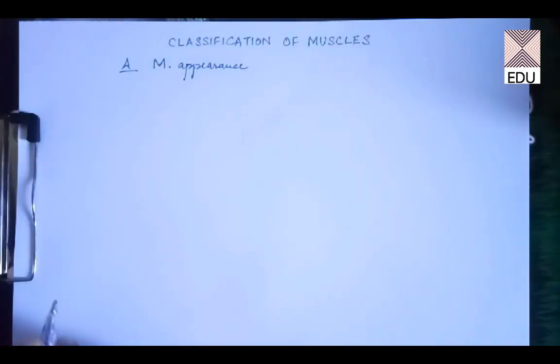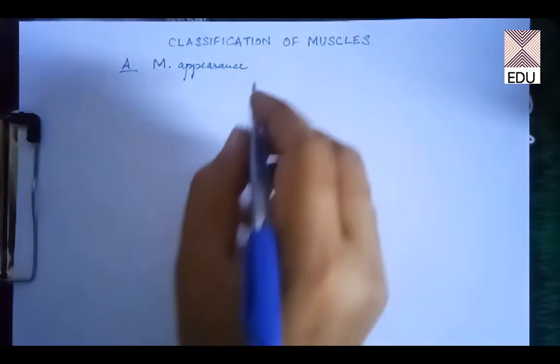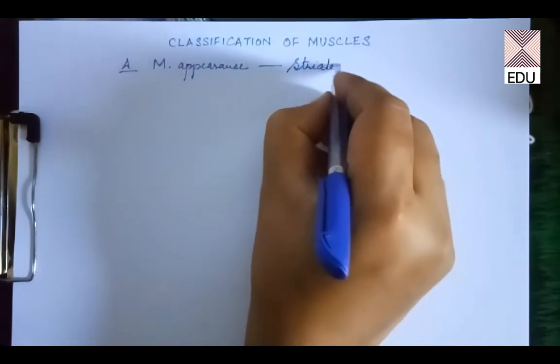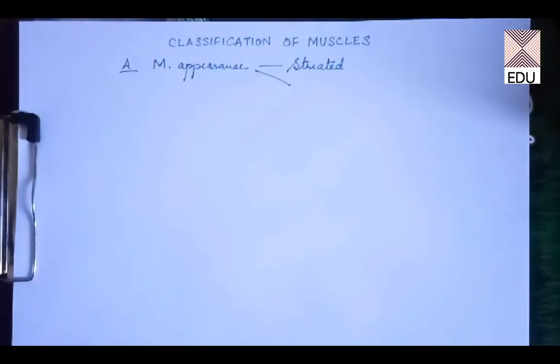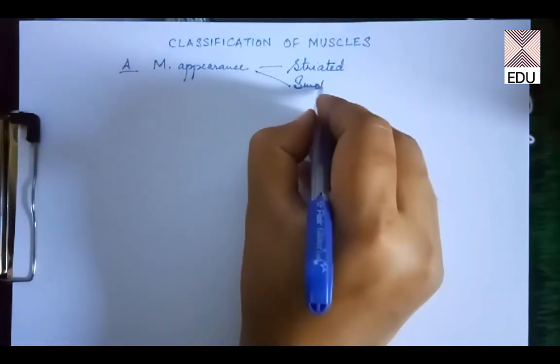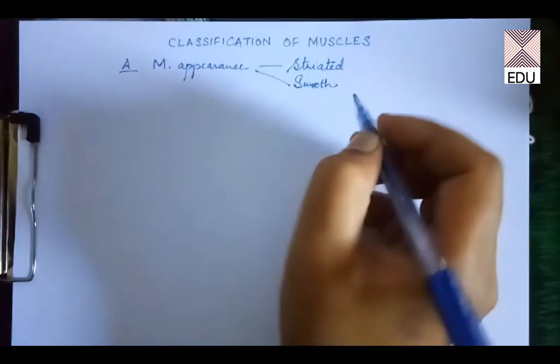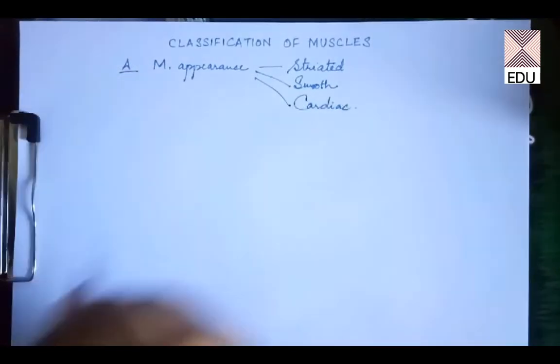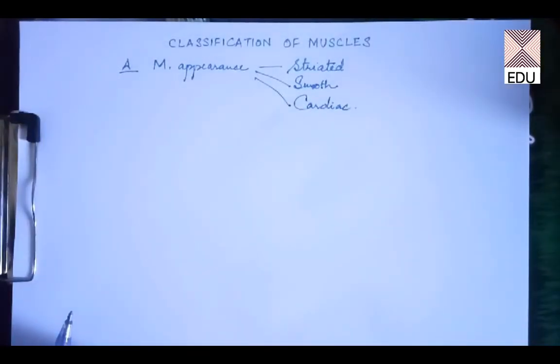If we take microscopic appearance as the first classification basis, they can be striated muscles. Secondly, they can be smooth muscles, and third, they can be cardiac muscles. So these are the three types of muscles on the basis of appearance.